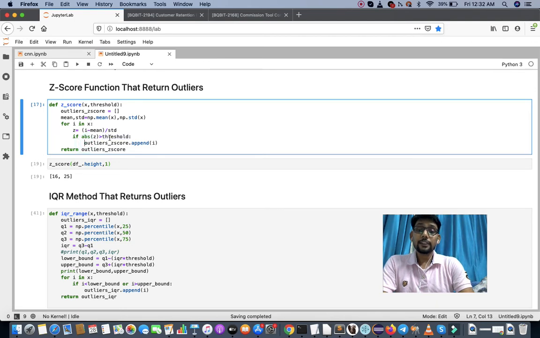If it's greater than the threshold value, then we can say that this is an outlier, and we will store that outlier into this outlier list.